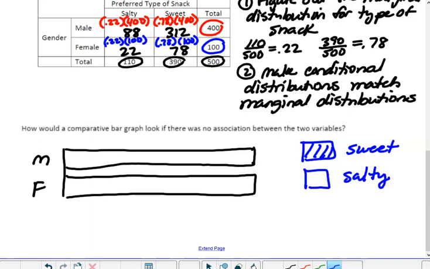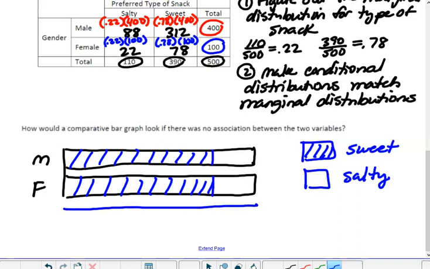So sweet should be 78% and salty should be 22%. So 78% is probably about right here. And salty. So if I have my legend here, and this was 100% and 50%, and this would be 75% and 25%, you can see the bars would look identical.